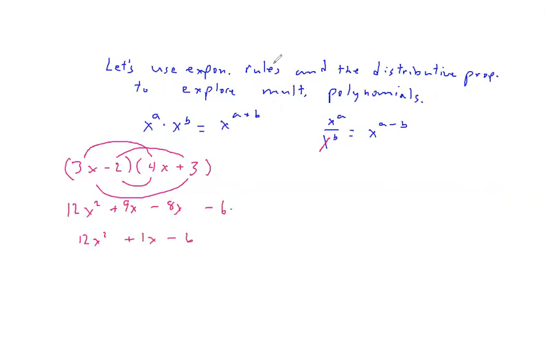Now notice something about this FOIL method, and that is in this problem, a plus b squared, I can rewrite as a plus b times a plus b.